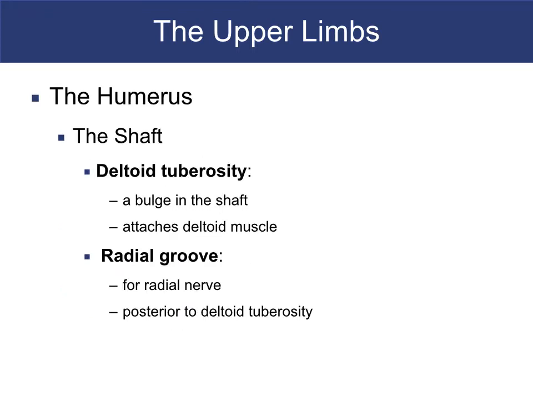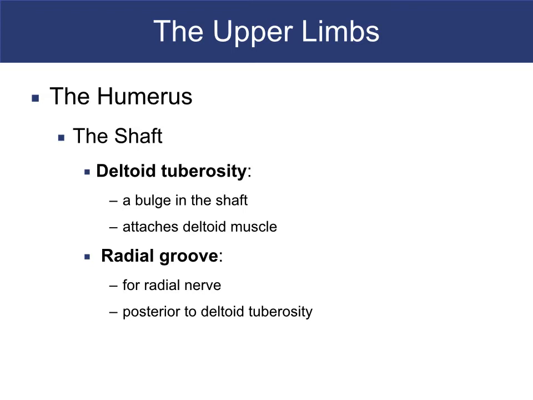Down the shaft of the humerus is a bulge here called the deltoid tuberosity. And guess what attaches there? The deltoid muscle. The deltoid muscle is this big muscle that makes your shoulders look sexy, I guess. And people work really hard on their deltoid muscles, lifting weights.